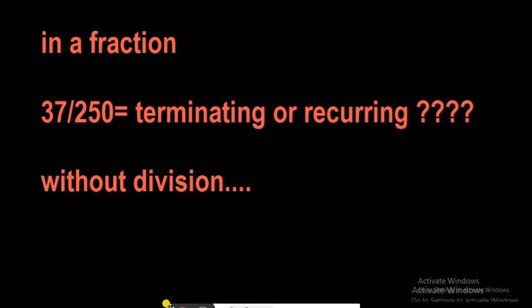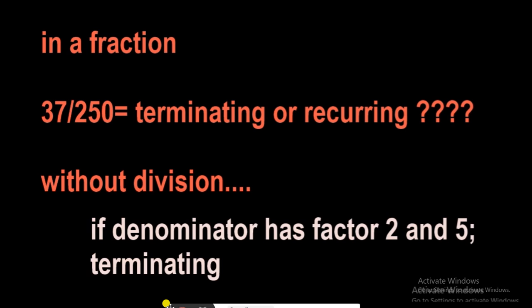You need to take a look at the denominator, and if the denominator has factors of 2 and 5 only, then it is a terminating decimal. Again, I am repeating, if the denominator has only factors of 2 and 5, then it is a terminating number.